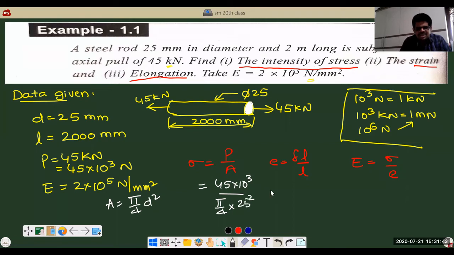So just calculate this value and tell me the answer. Just solve this and tell me what is the value of stress. You have to do it. The stress value is 91.67 newtons per square millimeters.